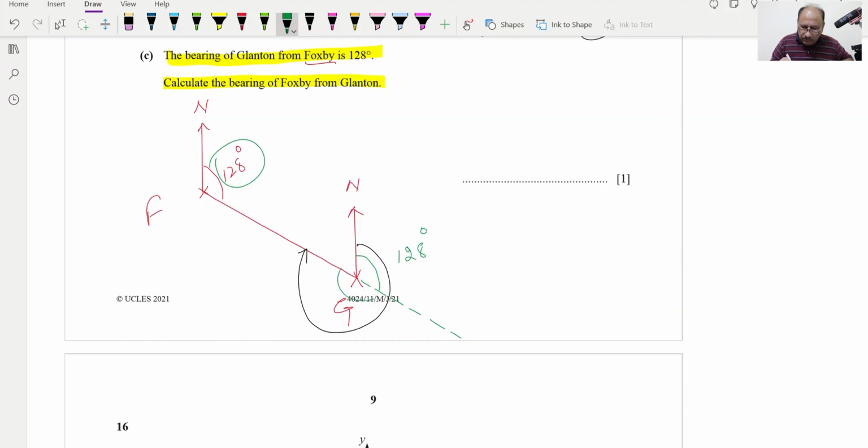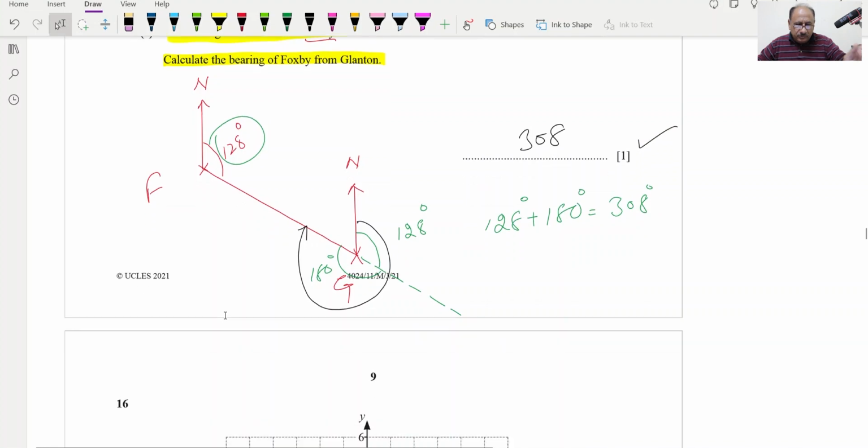This angle up to this one is 180 degrees. So we can add 128 plus 180 degrees, and this will be equal to 308, and our final answer will be 308. One mark part, which we have done.